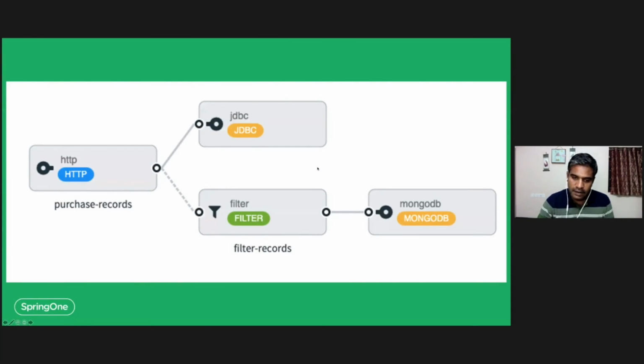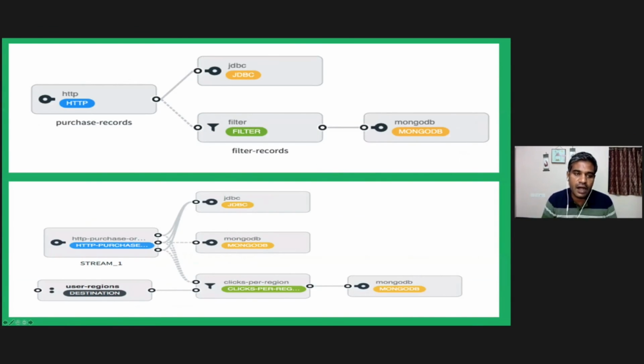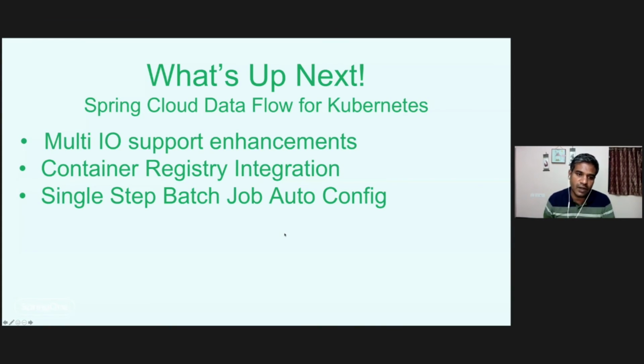Okay, so from the single output, single input destination bindings into multi-IO support in the Pro server. And along with that, we are working on some more enhancements into multi-IO support. And remember, we discussed the fact that application registry is where we will let the data flow know about all the applications that we have.